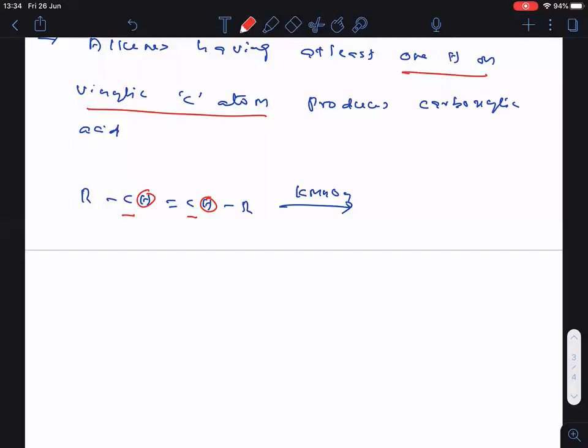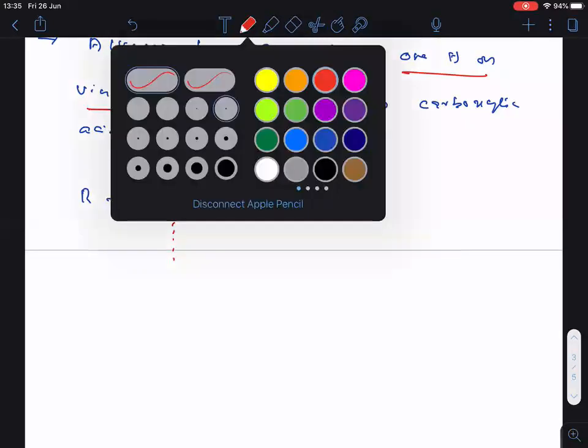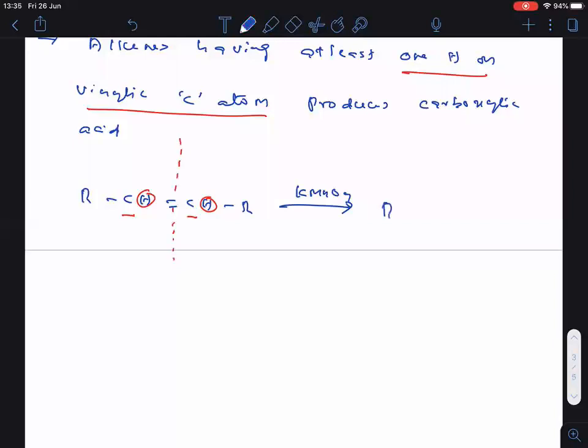Then only we will get the carboxylic acid. If hydrogen is not there on the vinylic carbon, then what oxidation will we do? Not possible. Therefore, now you see, break this bond. Clear? From the left side, what will we get? RCOOH.